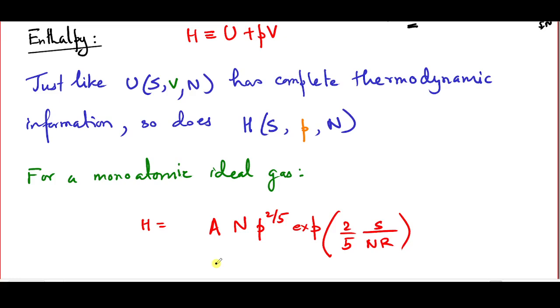Now, in my last lecture, you had a complicated factor here, but it was a constant, so I've just lumped them all together and called this A. This should not be confused with a similar constant A in the expression for U(S, V, N) which we had in the last lecture. This constant and that A are related, but they're not equal. That's not really going to make any difference to the rest of my lecture. So I've just simplified the notation by calling this just A.